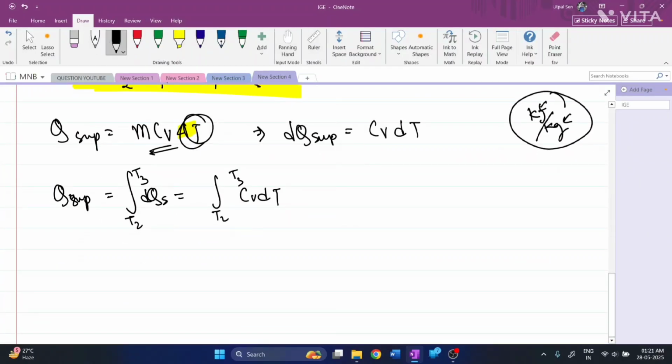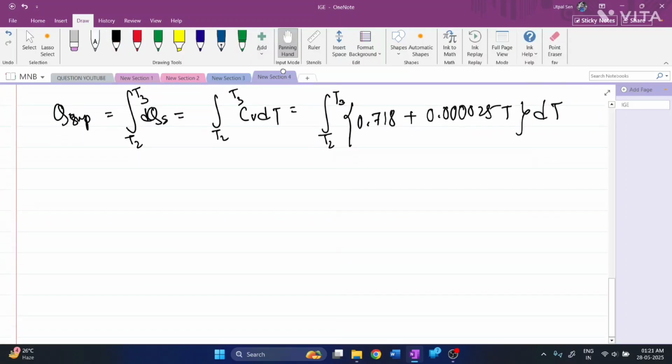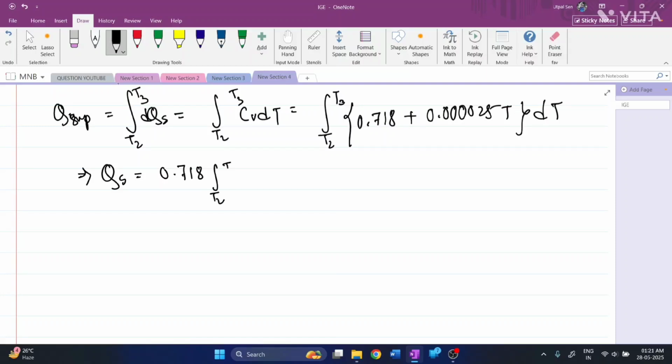So let us write Cv here, from T2 to T3, and here bracket 0.718 plus 0.000025 T dT. Simply integrating this, we'll get the answer here. So here we got q supplied equal to 0.718 integration T2 to T3 dT plus 0.000025 integration T2 to T3 T dT.